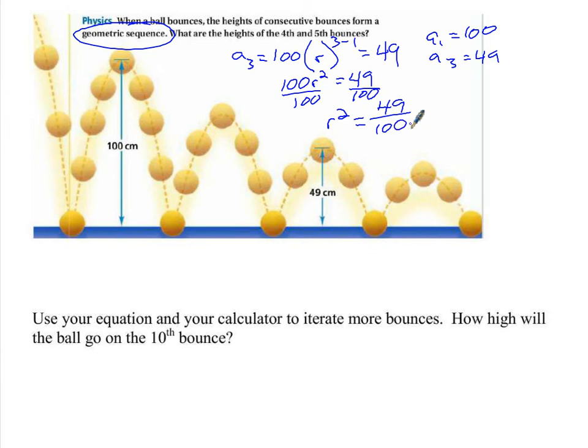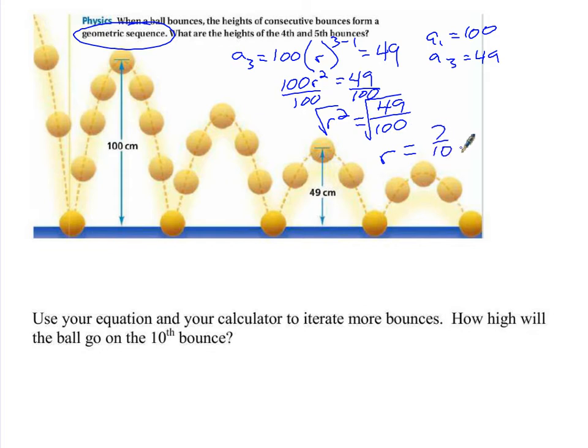And don't start feeling queasy. What do we do? Square root both sides. r equals 7/10. Yeah, those are both perfect squares, so this is easy to do.